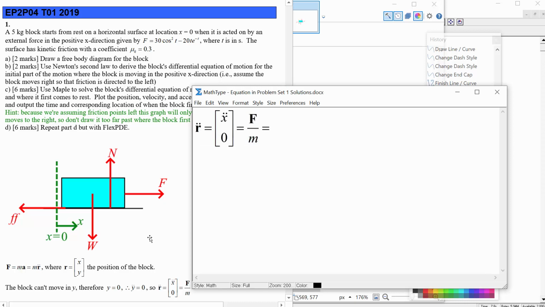And the force we can get by looking at this free body diagram. So net force in X would be equal to this forward F applied there minus Ff, and the net force in Y is the normal force minus the weight.